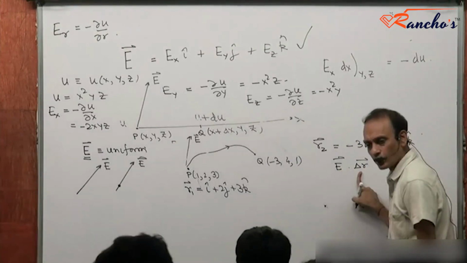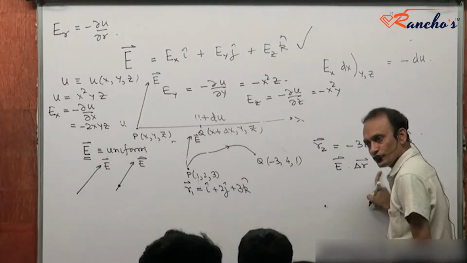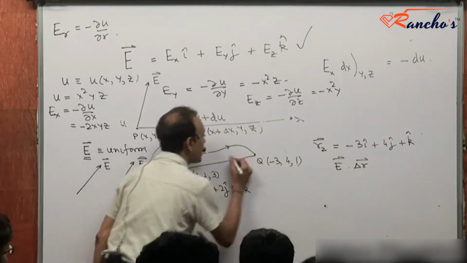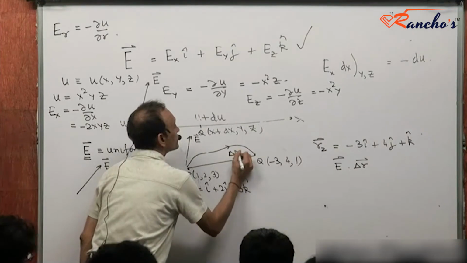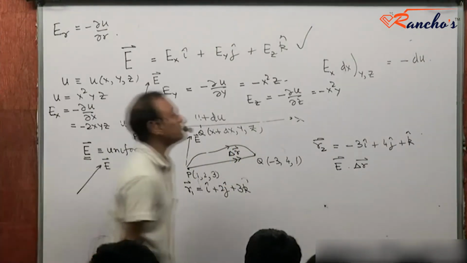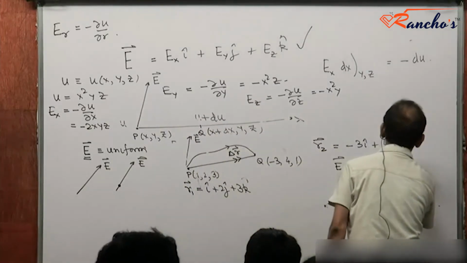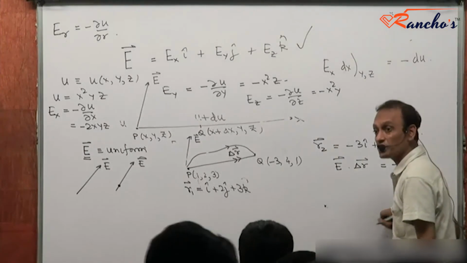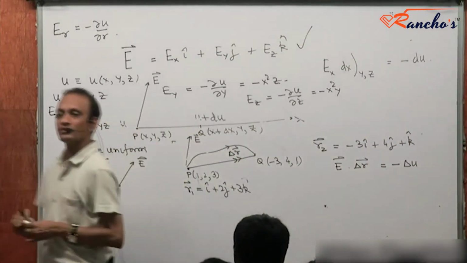Then what's the work done by a constant force? E dot displacement. This is delta R. Yes or no? That's the work done by a constant force: E dot delta R. And that must be equal to negative, by definition, of the change in potential. Yes or no? Confused?